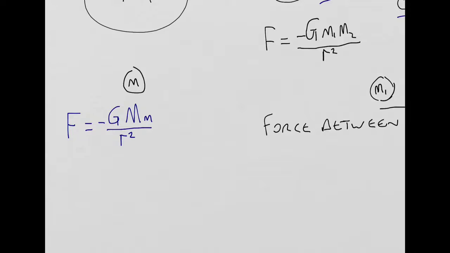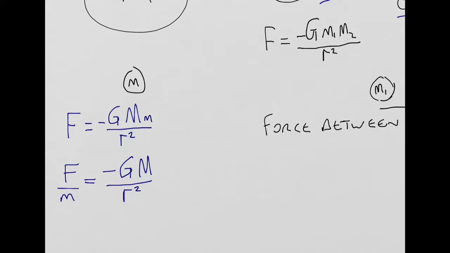We can do that because we have an m over here. We can simply take it through to there, and then we have F over little m. So that's the force per unit mass. That's the force experienced on every unit of mass, or every 1 kilogram of mass of our bodies, will be equal to minus big G, big M over R squared.